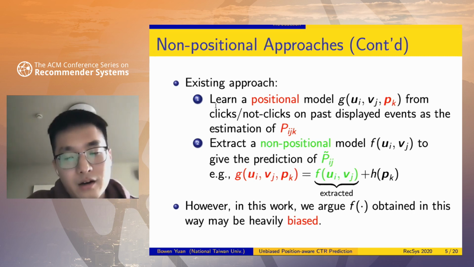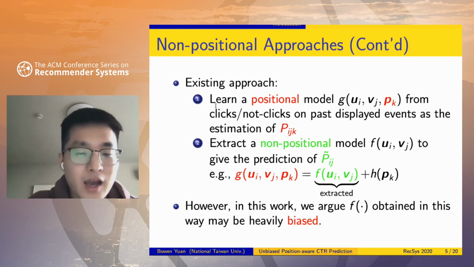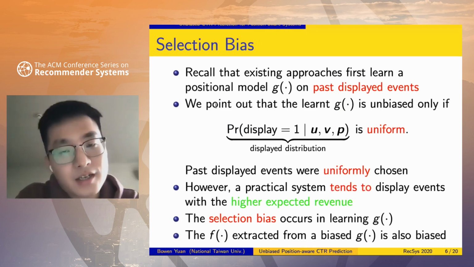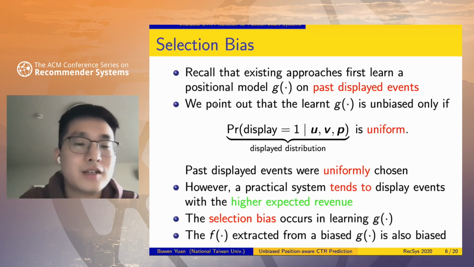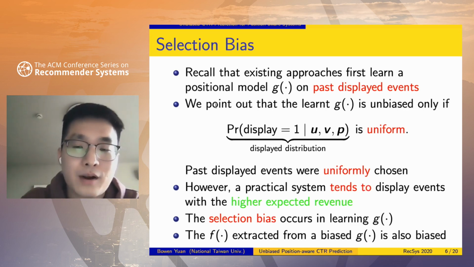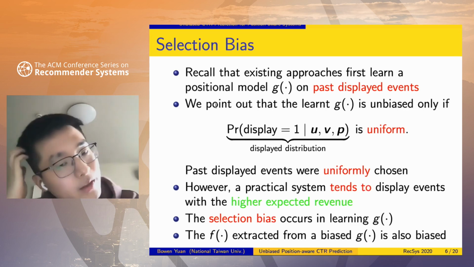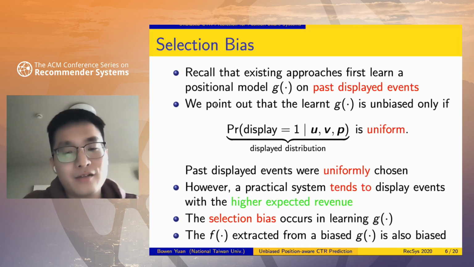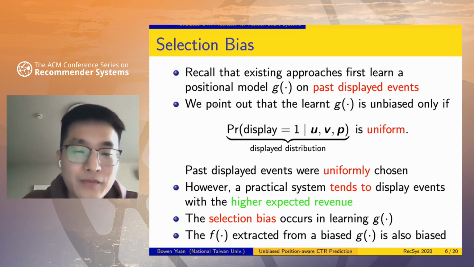However, in this work, we argue the non-positional model f obtained in this way may be heavily biased. Recall that the existing approach first learns a positional model g on the past displayed events. We point out that the learned positional model g is unbiased only if the past display distribution is uniform.